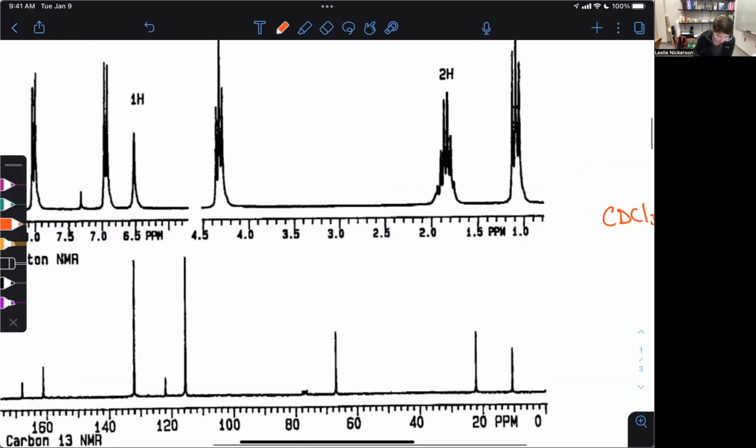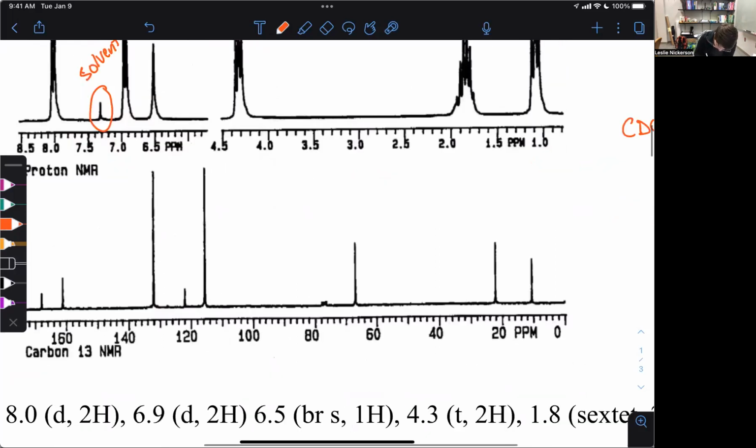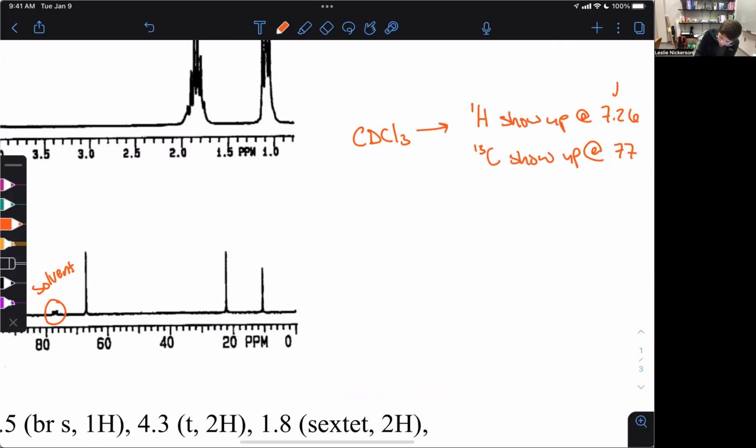So when we're looking through, this little peak right here is solvent, and this little peak right here is also solvent. The 7.26 is a singlet. The 77 is actually 3 peaks. It is a triplet, but it's not shaped like a triplet necessarily, so they're all the same height, like 3, 3, 3.